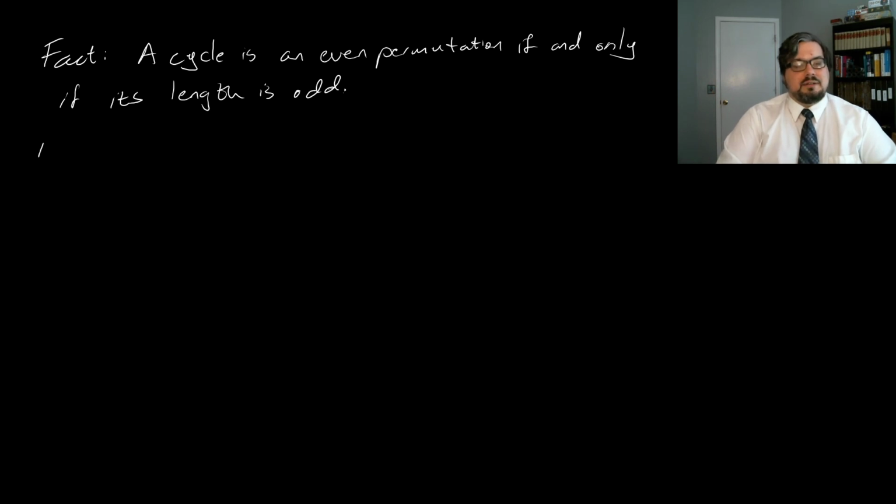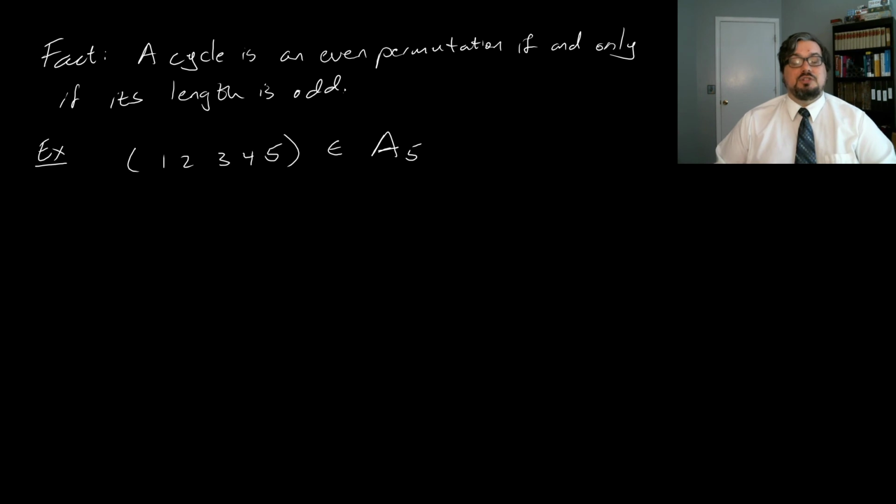So that means that, for example, the cycle (1 2 3 4 5) belongs to the alternating group of degree 5. That's because this has length 5, so it has odd length, which means that it is an even permutation.